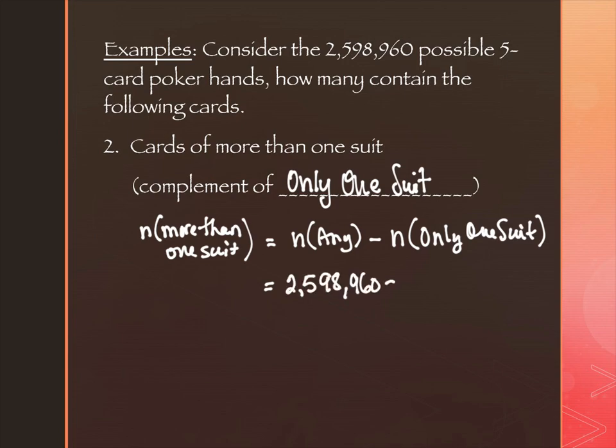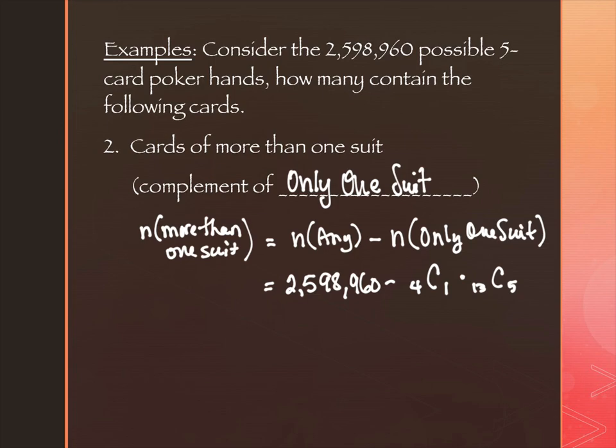So our any category is 2,598,960. And to get all of one suit means first I have to pick the suit. So how many suits are there to pick from? 4. And how many am I choosing? 1. Okay, first I got to pick the suit: 4C1. And then I multiply that by getting all of them in that suit. So how many cards are in a suit? 13. And I'm going to choose all 5 of my cards to be of the same suit.